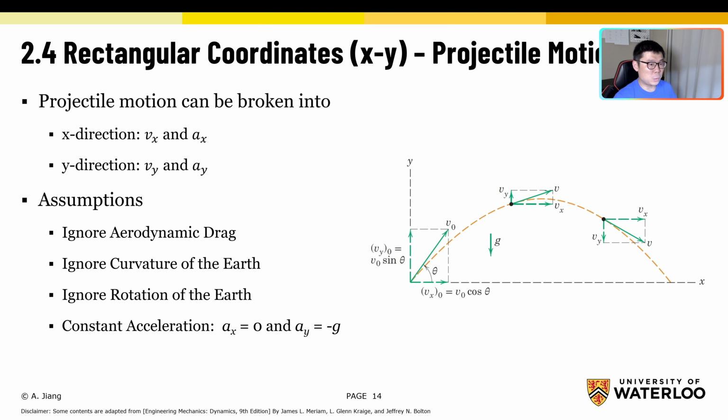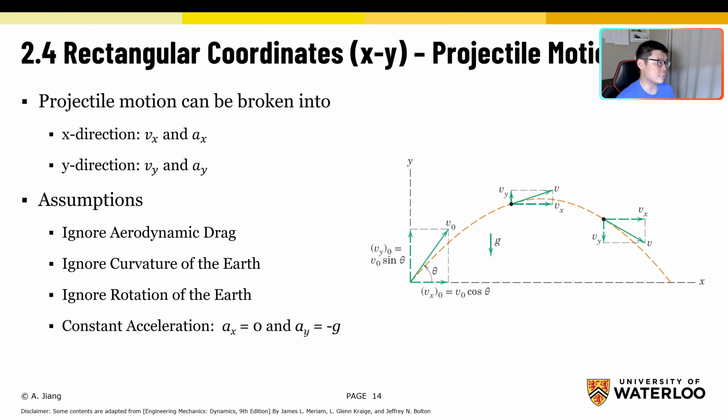In x direction, we have the vx and ax, and in y direction, we have vy and the ay. They all have unique properties that can help us in solving problems. In an ideal projectile motion, there are some assumptions we often make.